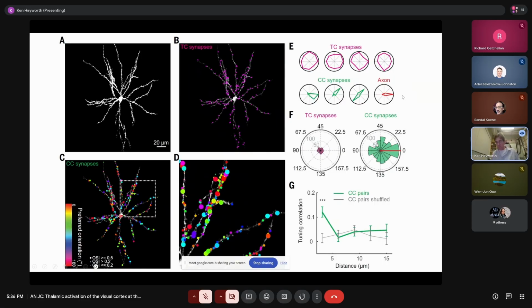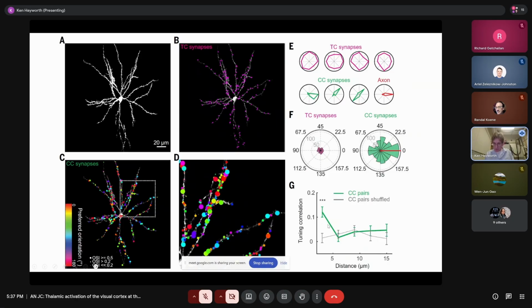So we've seen that in several other papers, but you can predict the response of this cell based upon which corticocortical synapses, which neurons it's connected to. It's kind of the average of all of their orientation selections.